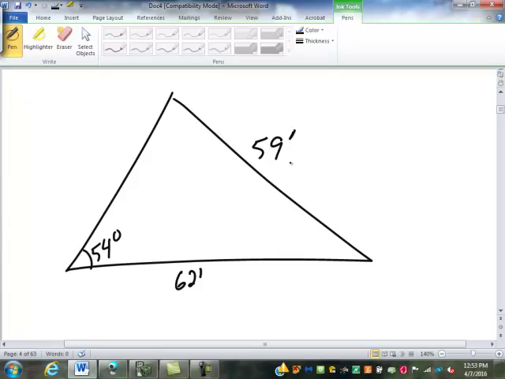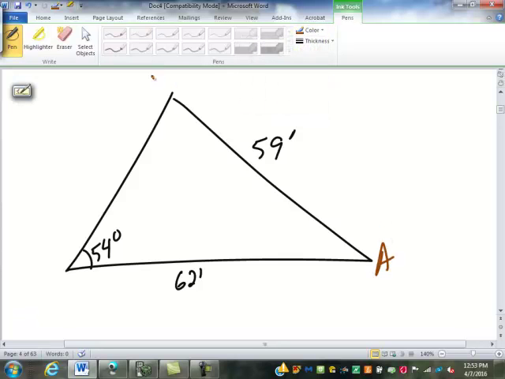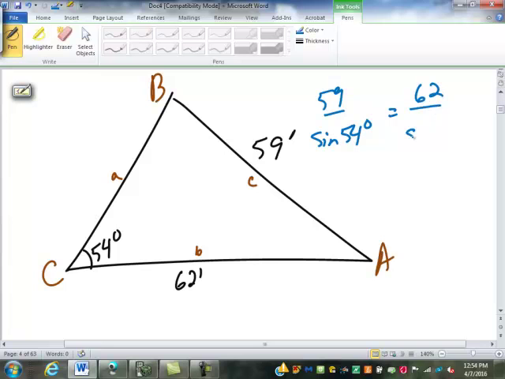It better. So I'm going to just go ahead and label this A, B, C, little a, little b, little c. So we're going to start out with 59 over the sine of 54 degrees equals 62 over the sine of angle B. So we'll cross multiply and divide.